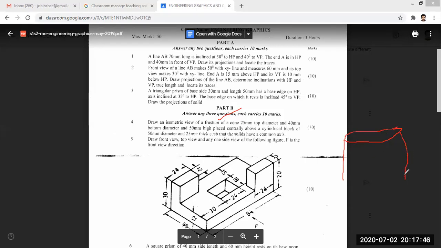cylindrical block, just a rough drawing. Then on the top of the cylindrical block there is actually a frustum of a cone. Sorry, it's not correct, it's a rough drawing. So you have to create this object in Fusion 360.